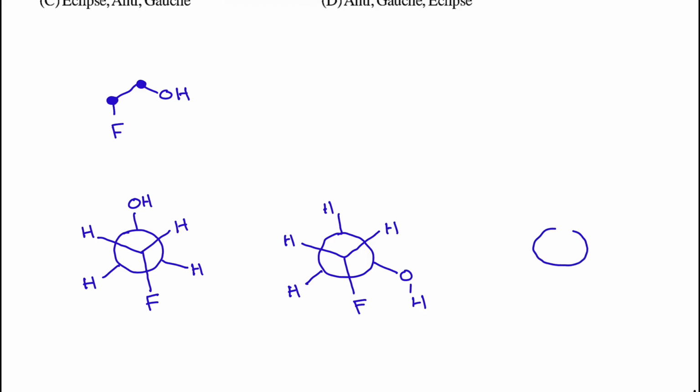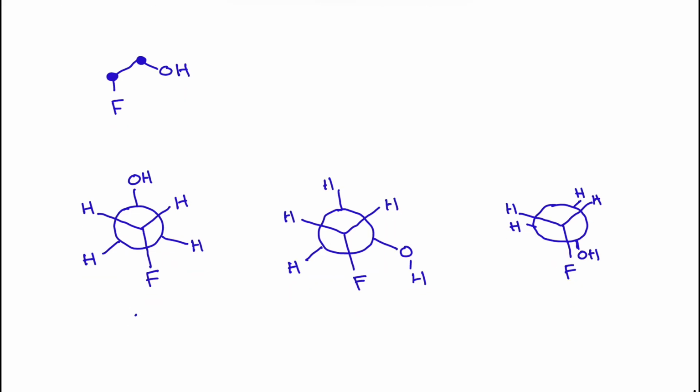If you rotate 60 degrees, you will get eclipsed conformation. But of course, he didn't mention fully eclipsed and partially eclipsed. So here this is fluorine, OH, hydrogen, hydrogen, hydrogen, hydrogen. Here this is anti-staggered and this is gauche staggered and this is eclipsed.